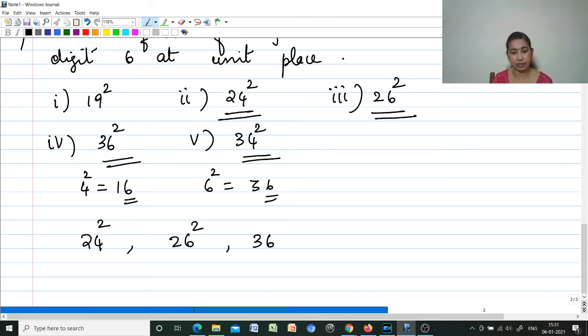Again 36 square also ends with 6, and 34 square also ends with 6.